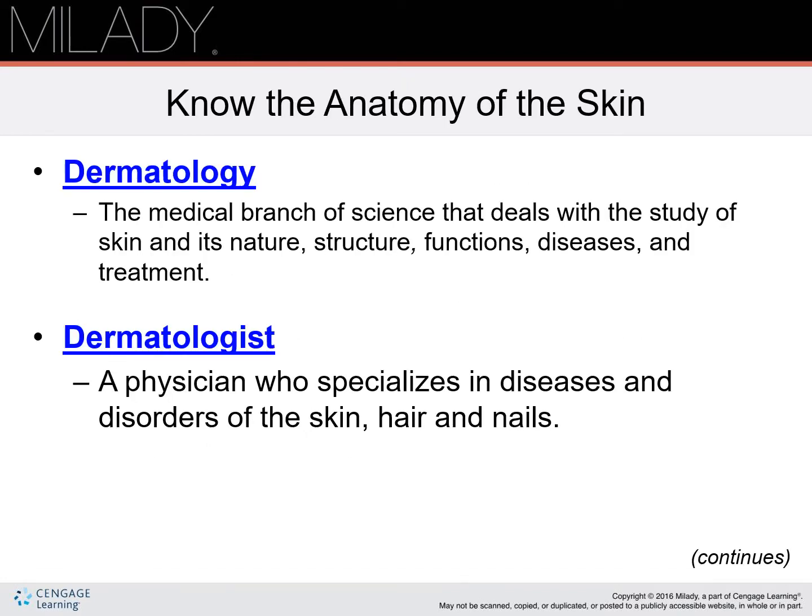Okay, the anatomy of skin. Let's talk about that. So dermatology. The definition for dermatology is the medical branch of science that deals with the study of skin, its nature, structure, functions, diseases, and treatment. A dermatologist is a physician who specializes in diseases and disorders of the skin, the hair, and the nails.